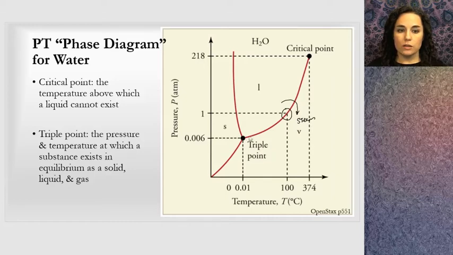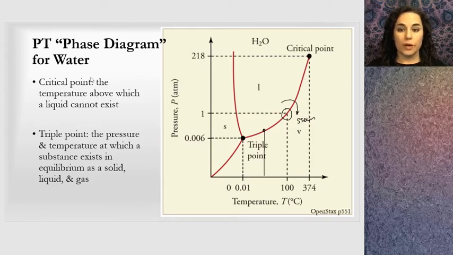So all along this line, actually, we can get water to go to steam at a smaller temperature if we lower the pressure, or we can cause water to not become steam if we raise the pressure. Water won't become steam until a higher temperature if you are at a higher pressure.